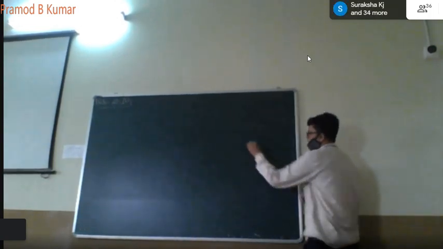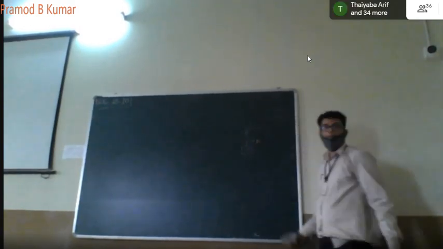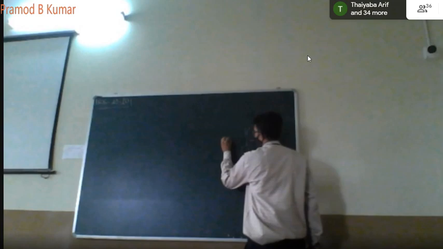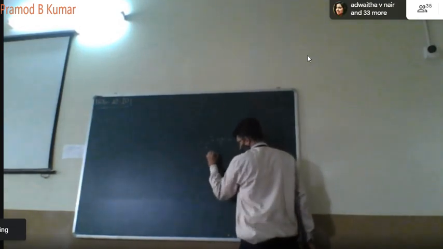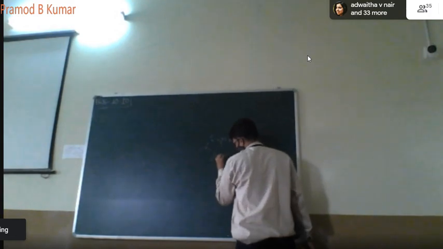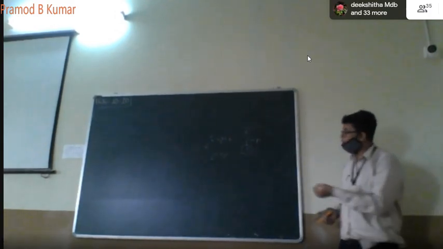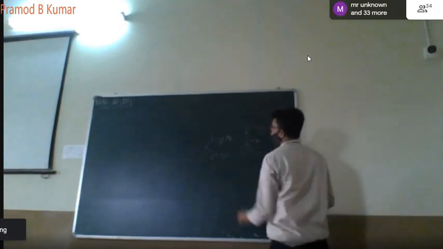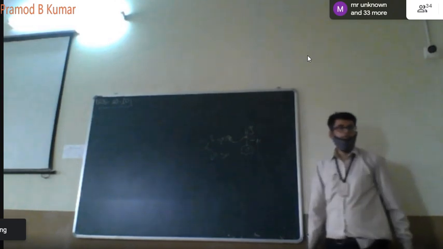So here you have benzaldehyde. Now you have a nucleophile, CH2 C double bond O, O C double bond O. So what is the next step? This nucleophile attacks your carbonyl carbon and you get this.